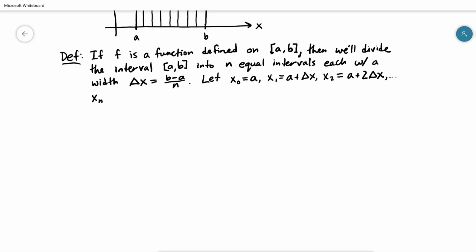In this case, we've chopped it up into n different points, and that last one, x sub n, is going to be at the right endpoint, b.